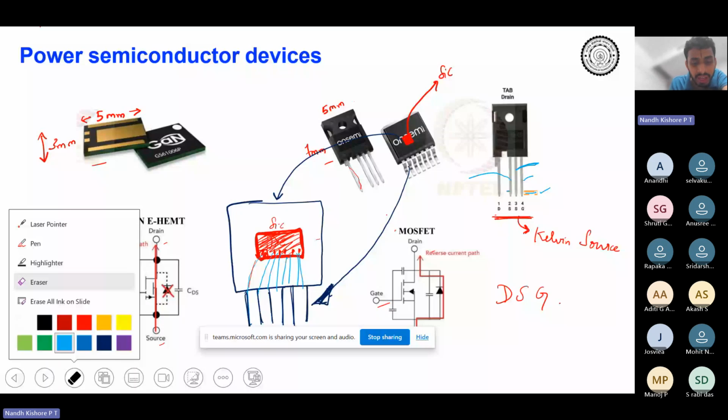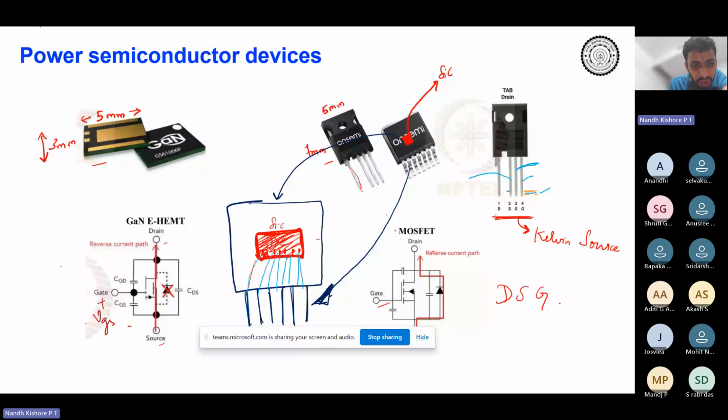So what manufacturers give is this. Over here you understand that you give VGS between the gate and source, and the drain source conduction path is also like this, correct? So the source is the terminal point for you to give the gate source voltage and also for the drain source current to pass on.